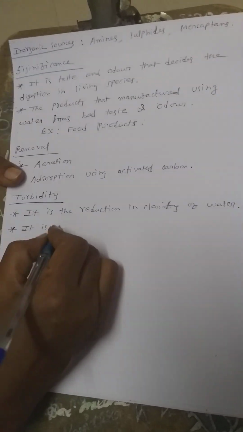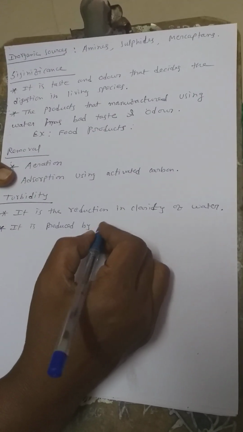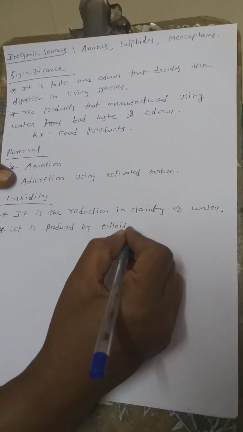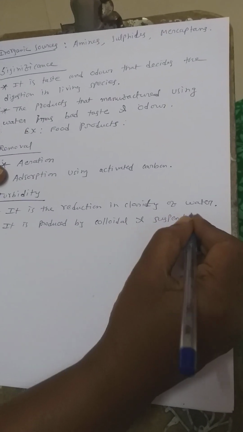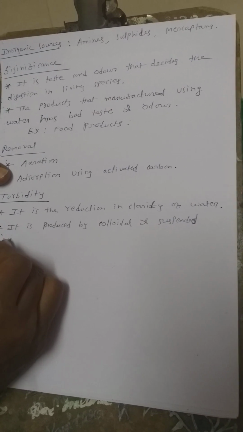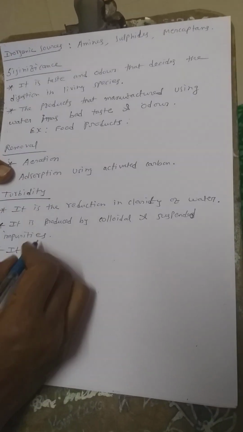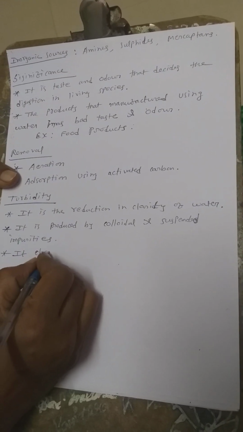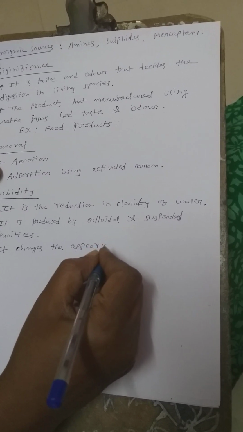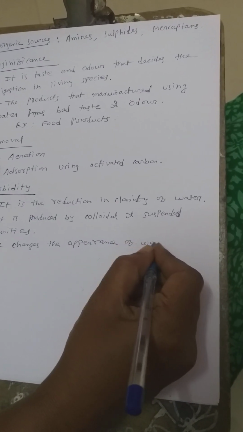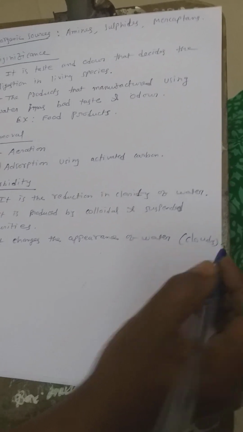It is produced by some colloidal and suspended impurities. It changes the appearance of water. It makes water cloudy.